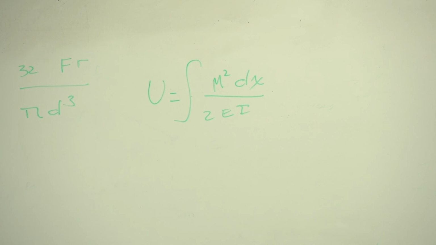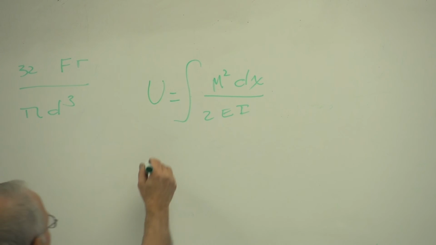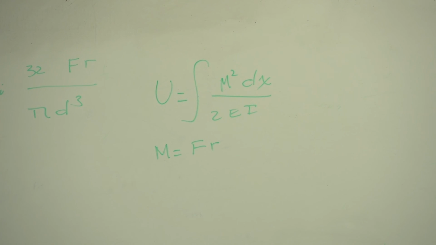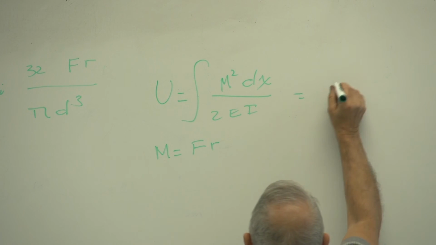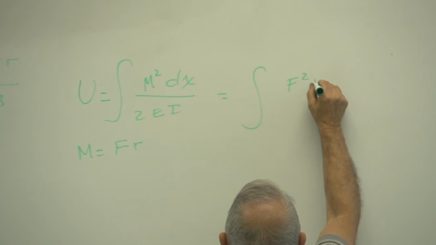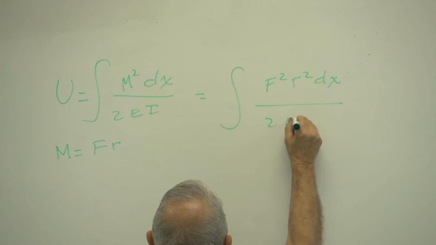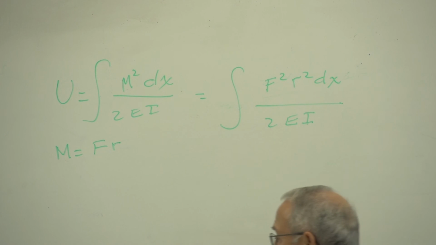And M, in our case, is equal to F times R. So if I substitute that in here, you get this is equal to F squared R squared dx divided by 2EI.